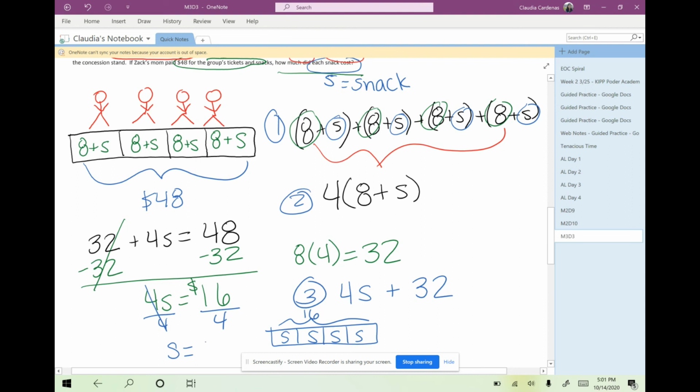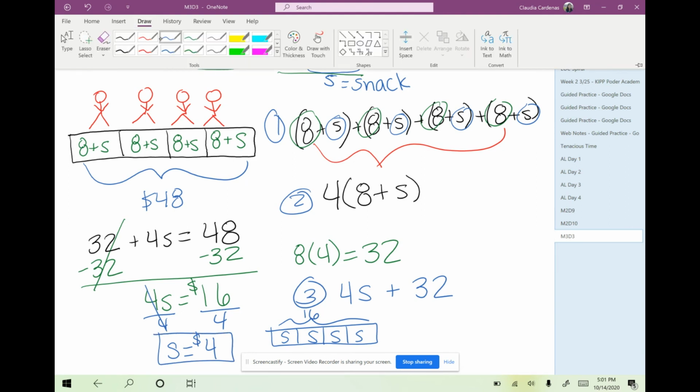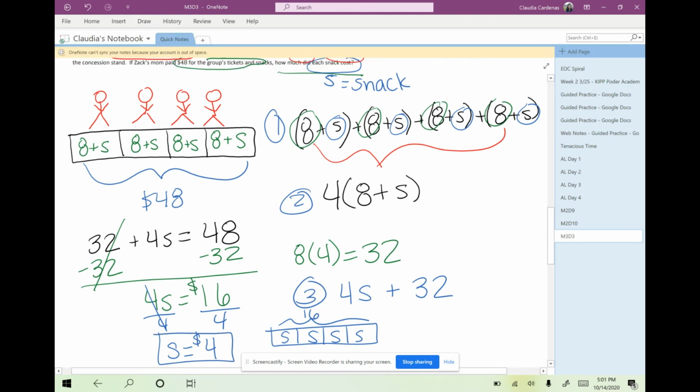And we know 16 divided by 4 is $4. So let's go ahead and write this in a complete sentence now that we've solved it. Using a different color, each snack, because I'm running out of room, costs $4.